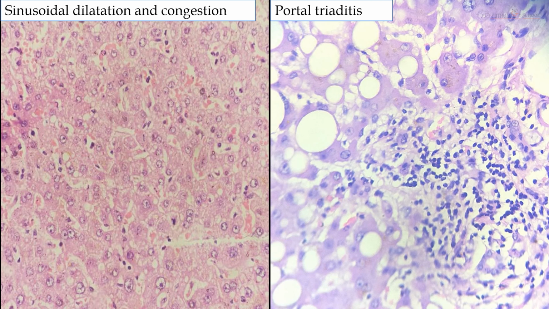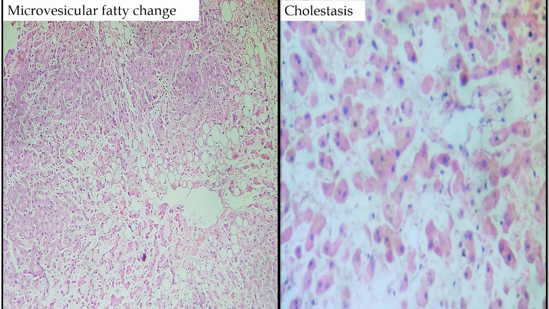This is a microphotograph of the liver showing sinusoidal dilatation and congestion, and this is showing portal triaditis. This microphotograph shows microvascular fatty change, and this photograph shows hepatocytes with increased bilirubin pigmentation.